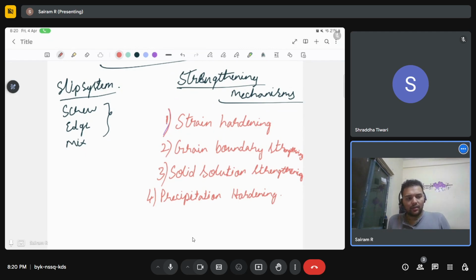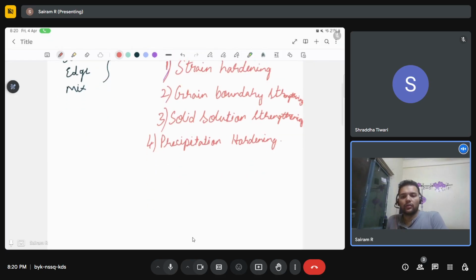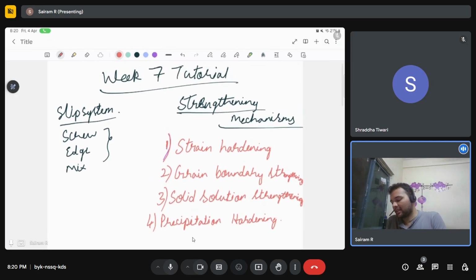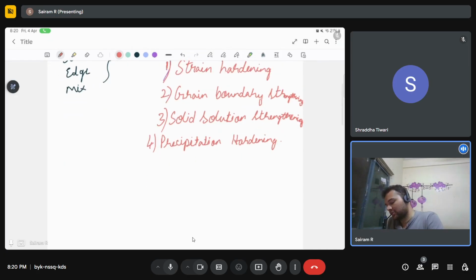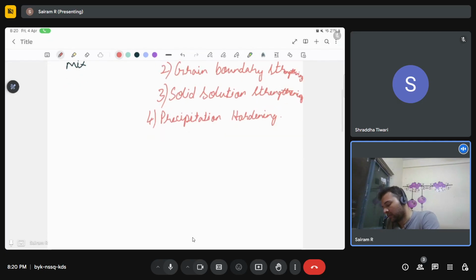So what's happening here is that once we were done with all these strengthening mechanisms, we were done with the mechanical property aspects of materials, and then we also stepped into the world of electrical conductivity of materials.